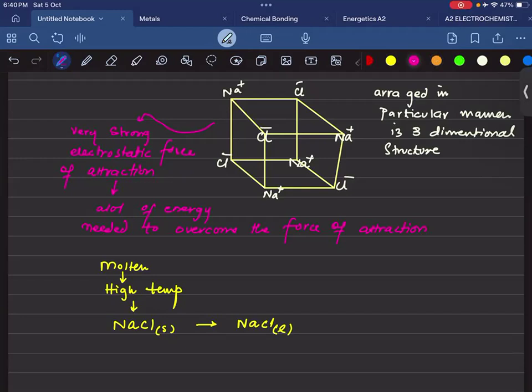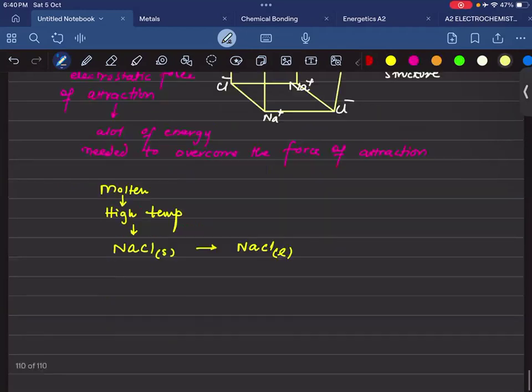When the particles can move freely, they are a good conductor of electricity.